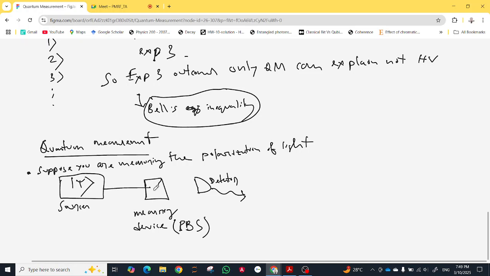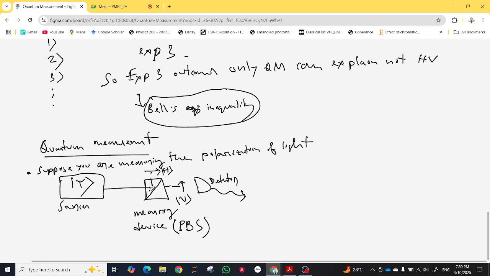What will the PBS do? PBS will send vertical polarization in this direction, and in the up direction you will have horizontally polarized light. And you will be detecting here. So here the measuring device is a beam splitter.